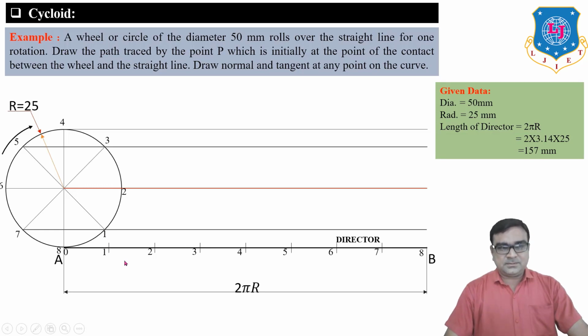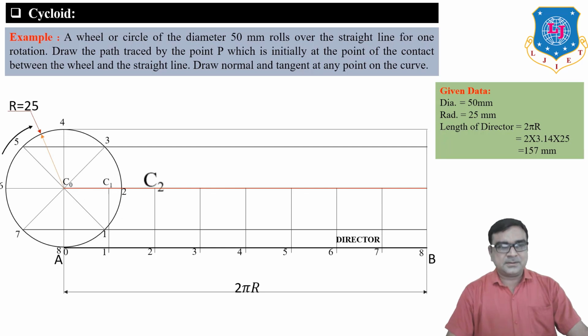Now from the points on the horizontal lines 1, 2, 3, 4, 5, 6, from all points we have to draw the vertical line up to this line. This is known as the center line because it passes through the center of the circle. And give the names of the points C0, C1, C2, C3, C4 up to C8.